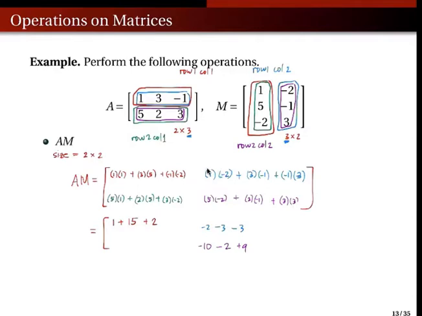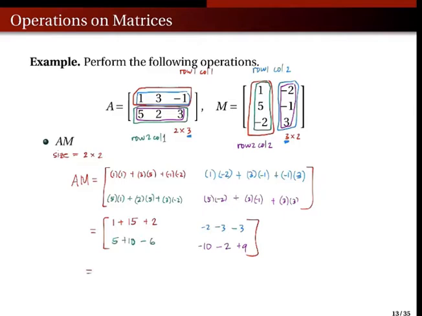And then for this guy here, you have 5 times 1, that's 5. 2 times 5, that's 10. 3 times negative 2, that's minus 6. Okay? Then again, let us close this.